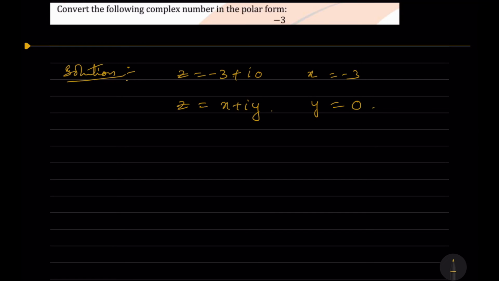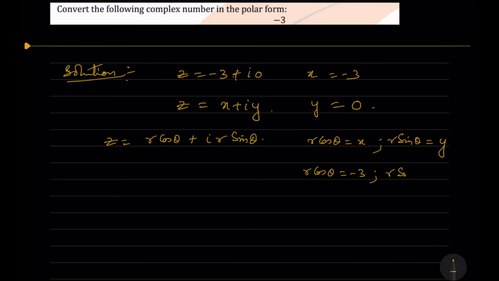So now polar form is z is equal to r cos theta plus i r sin theta, where r cos theta is equal to x and r sin theta is equal to y. So r cos theta is equal to minus 3, r sin theta is equal to 0.